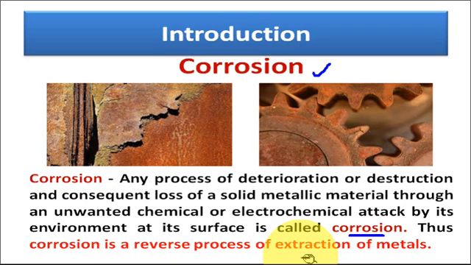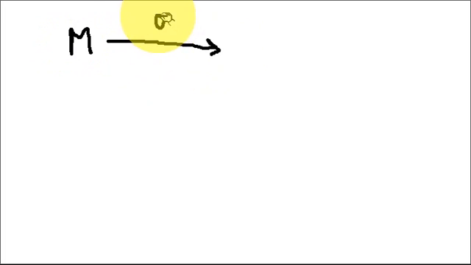chemical reaction. So basically, what we can write here: suppose any metal undergoes environmental conditions in the presence of oxygen or any gas and is converted into metallic oxide or its compounds.